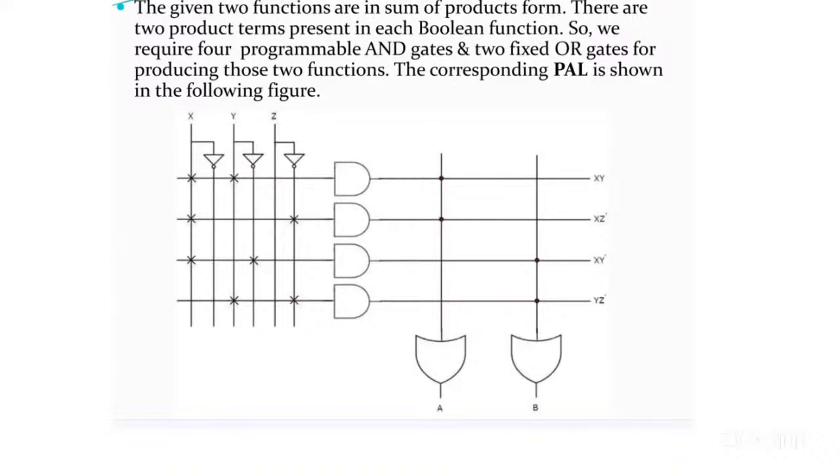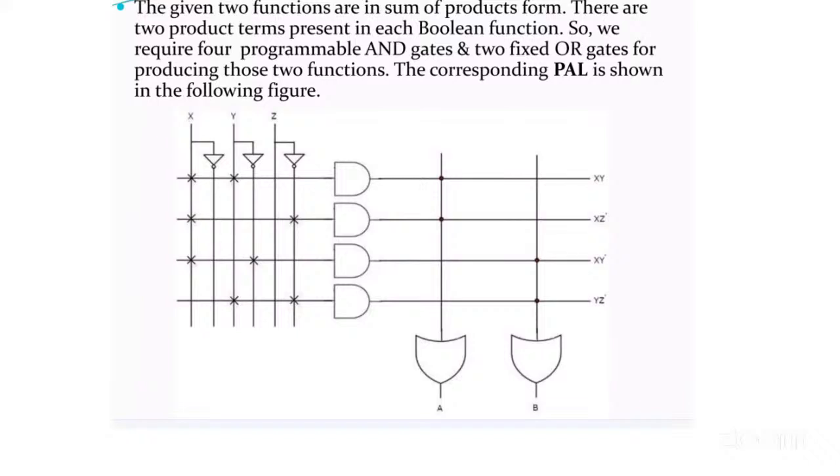Now, in the two given functions there are two product terms present in each Boolean function. So we require 4 programmable AND gates and 2 fixed OR gates for producing those two functions. The corresponding PAL is shown in the following figure.